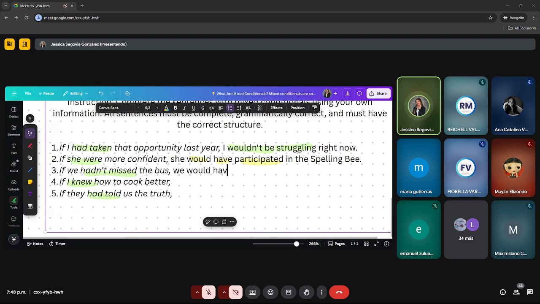Okay, can you say it again? We would have been in the place right now. Okay, let's analyze this. If we hadn't missed the bus, we would have been in the place right now. Right here, what I am seeing is that we're mixing the two structures as if we were using one of the conditionals and not a mixed conditional.